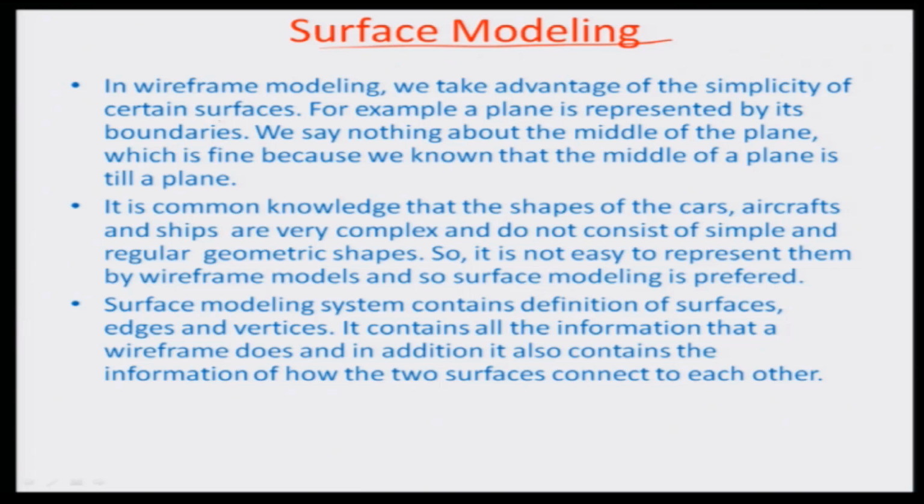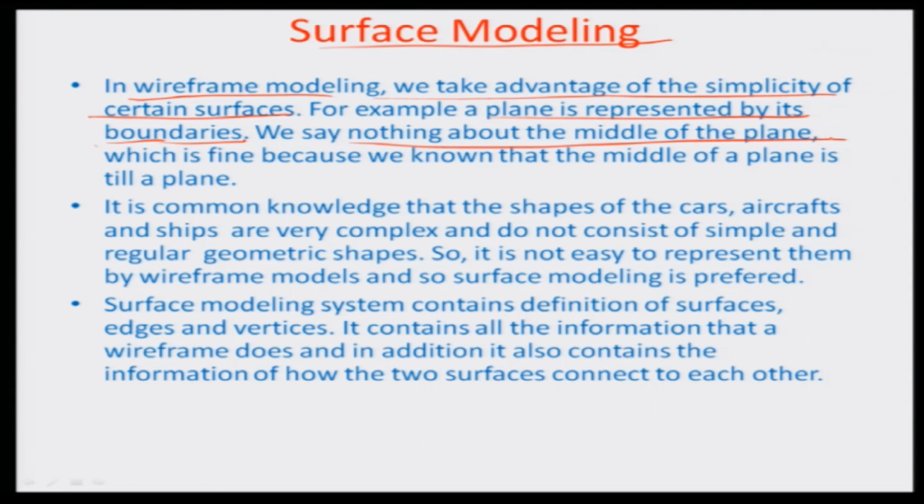As you know, in wireframe modeling we take advantage of the simplicity of certain surfaces, particularly regular geometries, and a plane is represented by its boundaries. For example, this is a very regular geometry. We do not say anything in the wireframe model about the middle of the plane, which is fine because we know that the middle of the plane is still a plane.